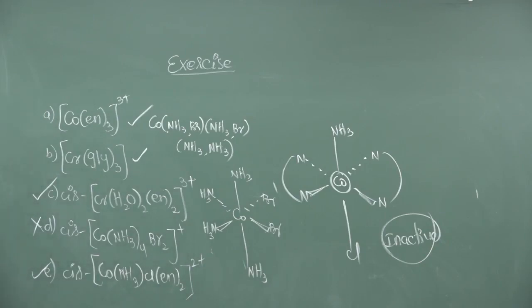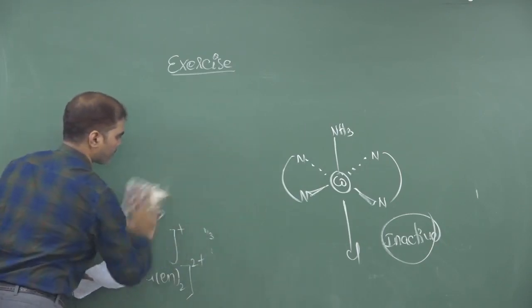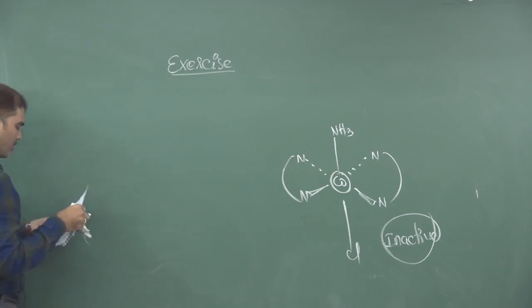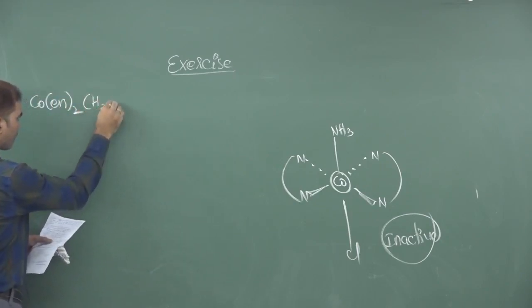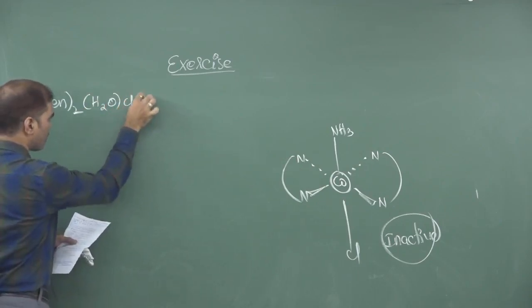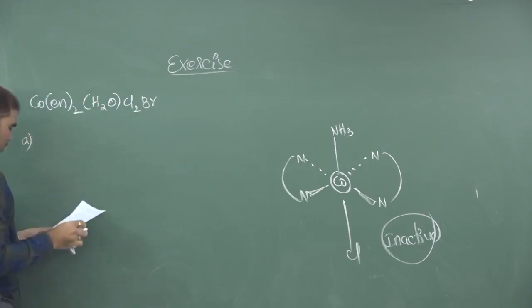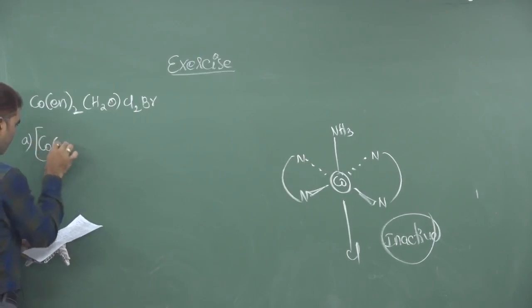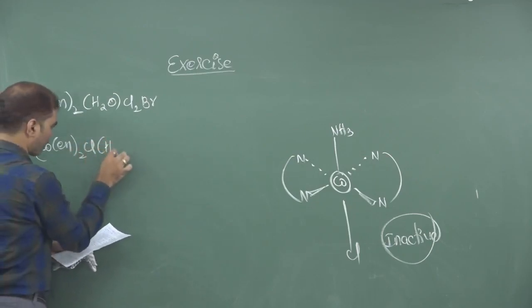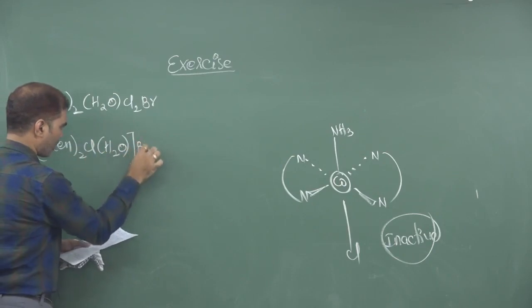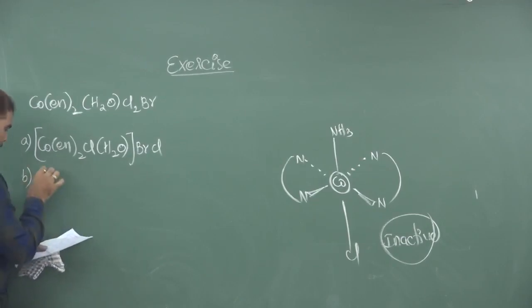An isomer of a complex, Co(en)2(H2O)Cl2Br, on reaction with concentrated sulfuric acid, leads to loss of weight.